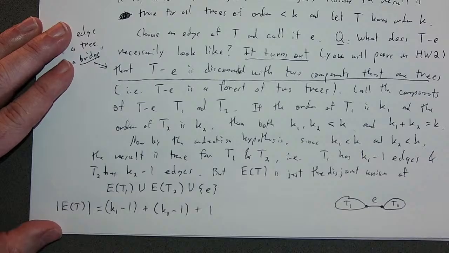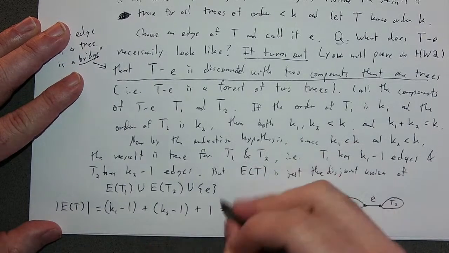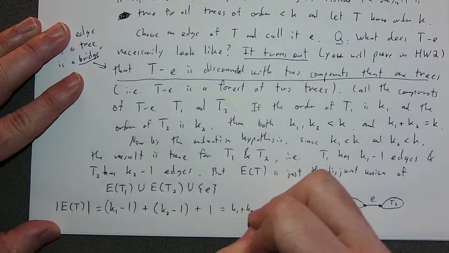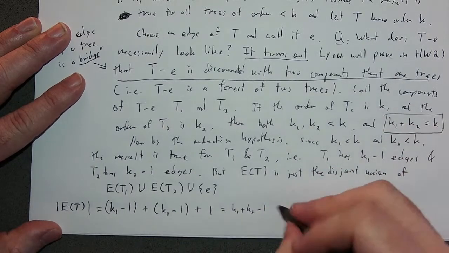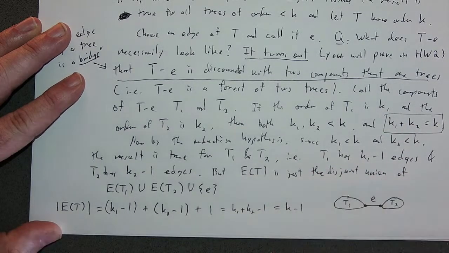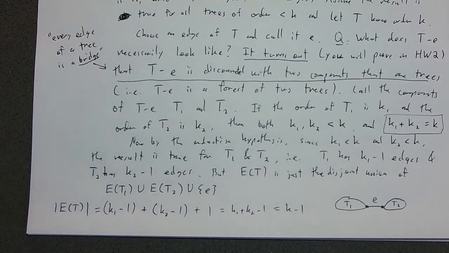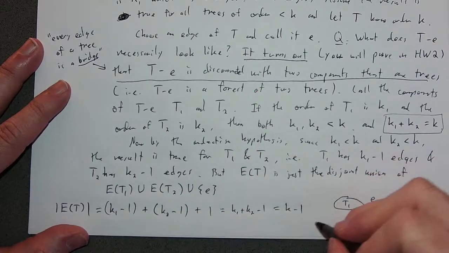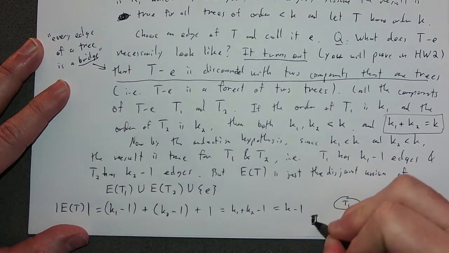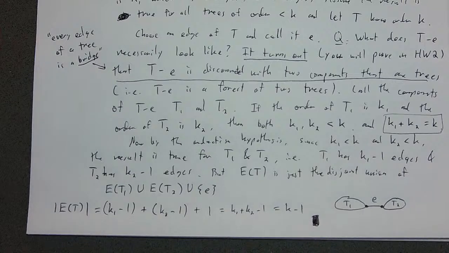And so this is K1 plus K2 minus 1, but K1 plus K2 is K. And so we have shown that if the inductive hypothesis is taken as true, then T also has K minus 1 edges. It's of order K, which finishes the induction. And that's that.